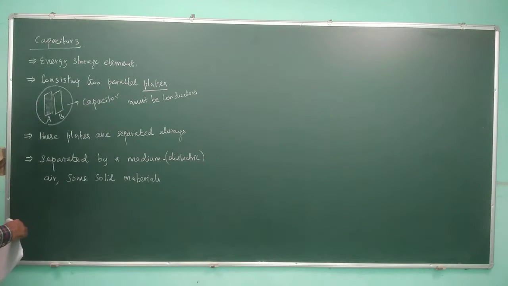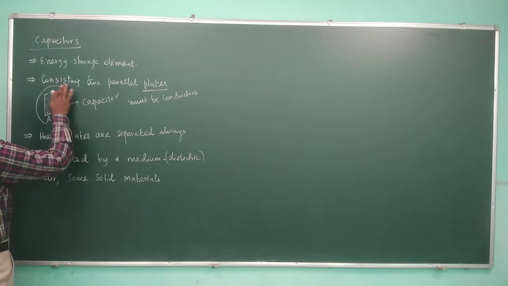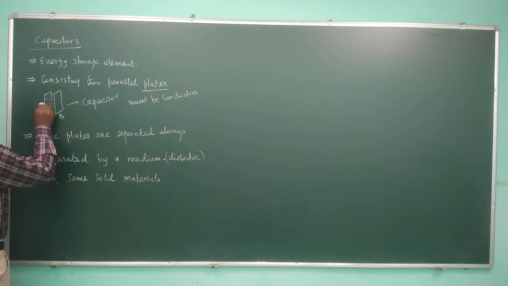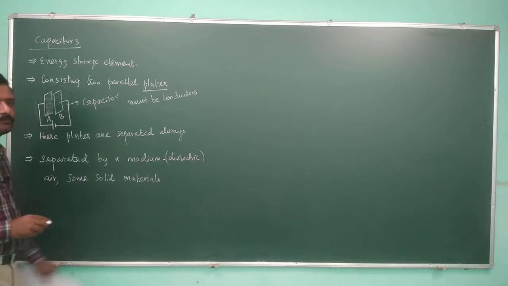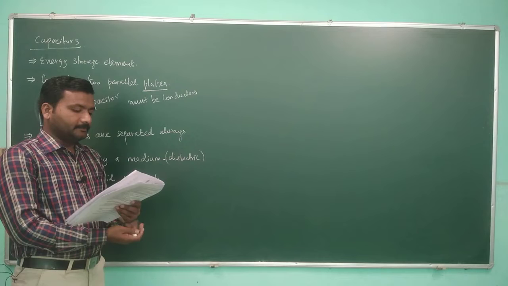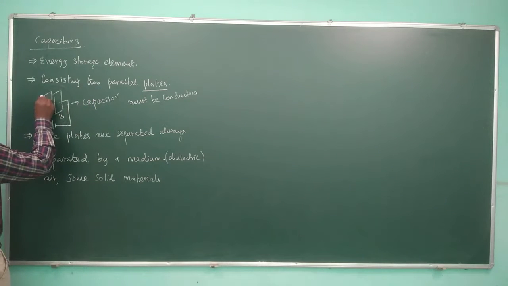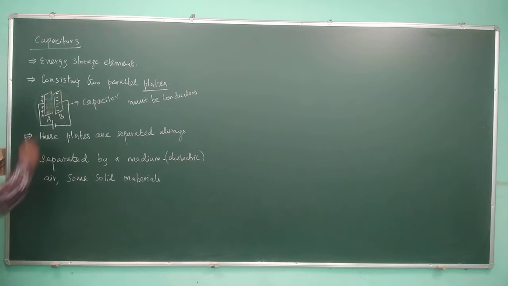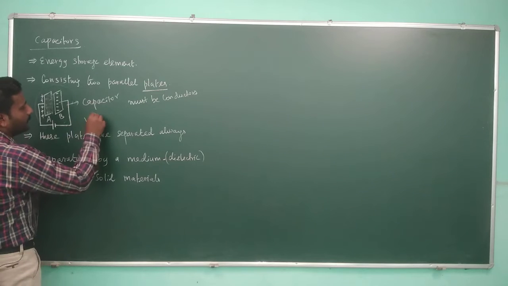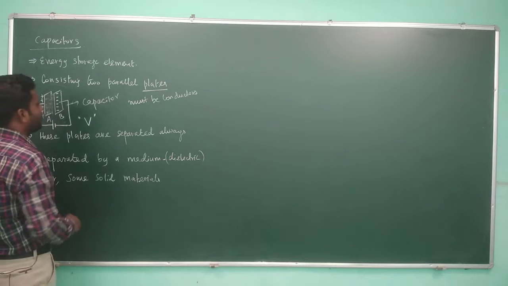Now, if we apply potential between these two plates, then one side gets positively charged and the other side gets negatively charged, so that a potential is created between these plates.